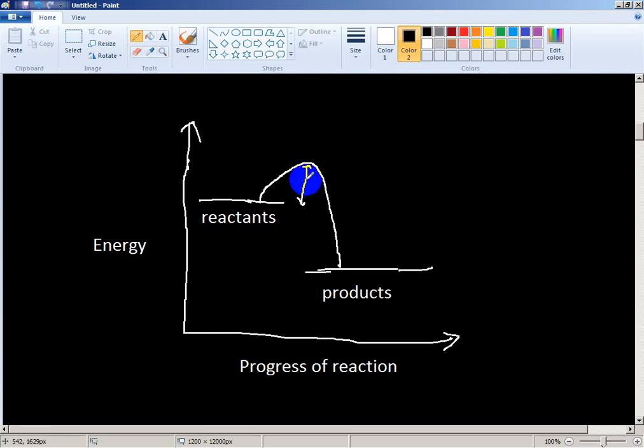Some energy is required to collide the reactants. This is the activation energy. So this is the energy level diagram for an exothermic reaction.